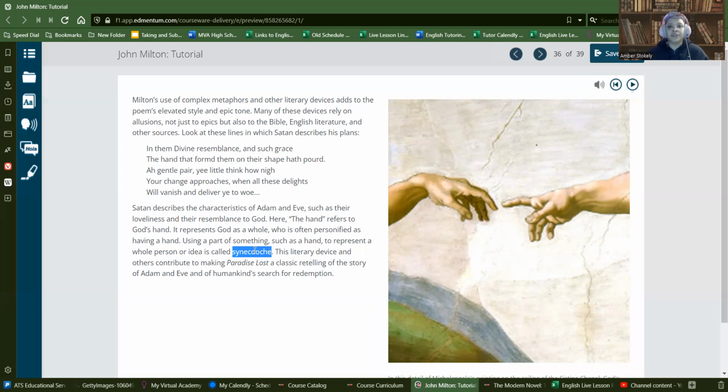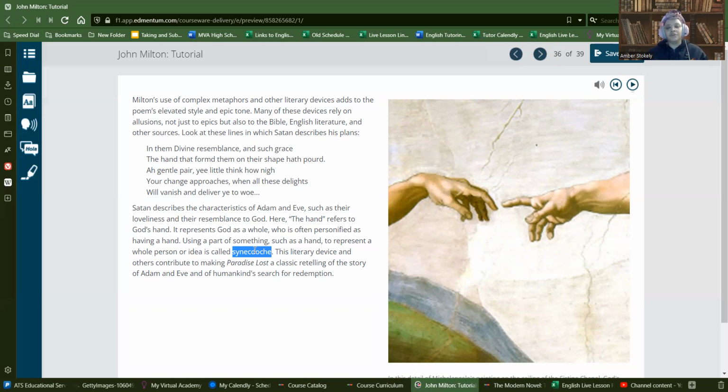Sometimes this happens with poems where you're referencing a ship, like maybe you reference the bow sailing on the waves. So you're referring to how it looks to see the bow of a ship on the waves, but you're using the bow of the ship to refer to the whole ship.